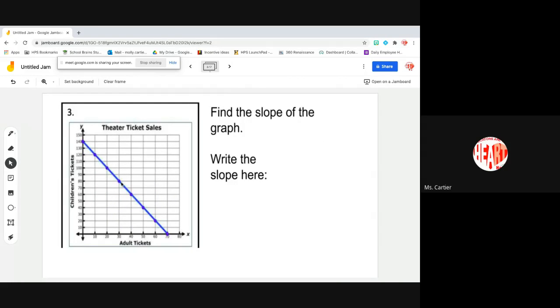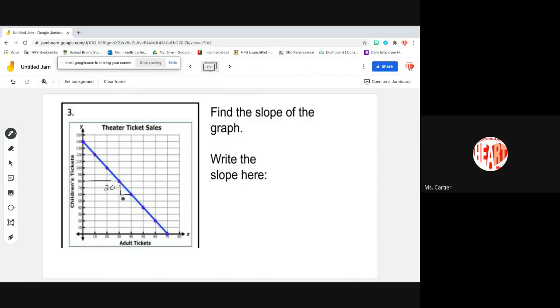Okay, one thing that's nice about this graph is that the points are already made for us. So I'm going to go right here. Now, each of these are worth 10. So this is 10, 20. And each of these are also worth 10.